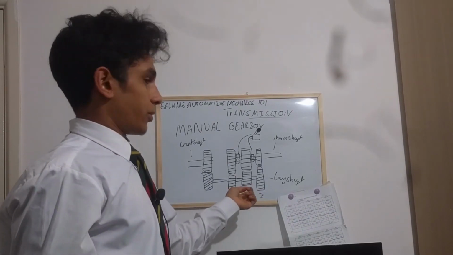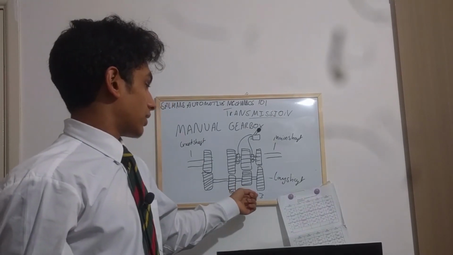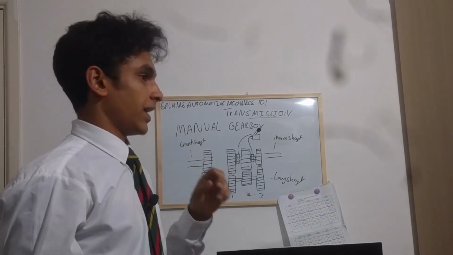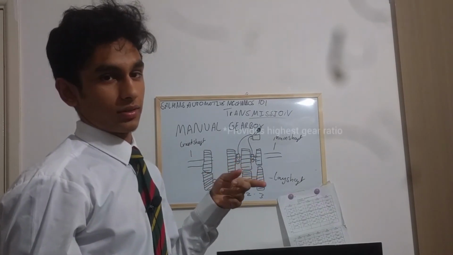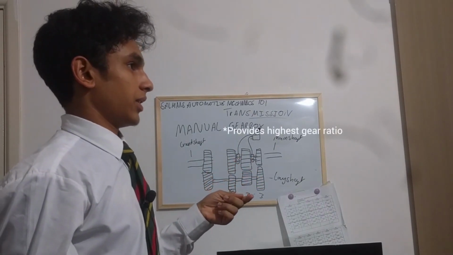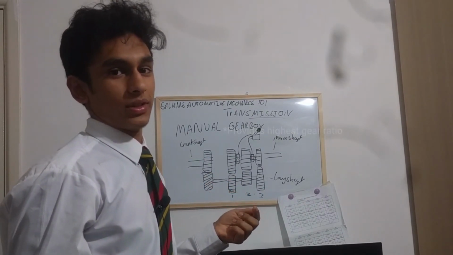And to go quickly on a racetrack or on a motorway, you'd select gear 3, which would provide the fastest spinning of the wheels, but the least amount of torque per wheel spin, if you can imagine that.